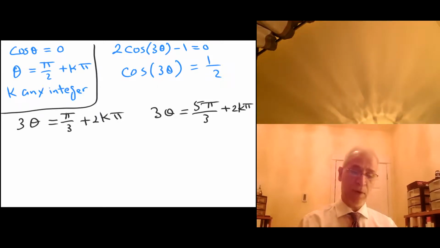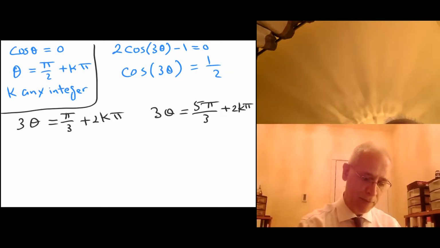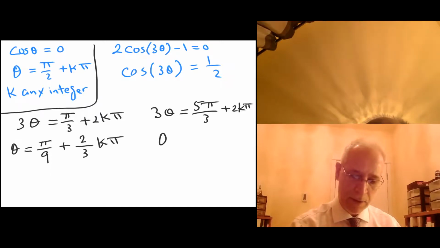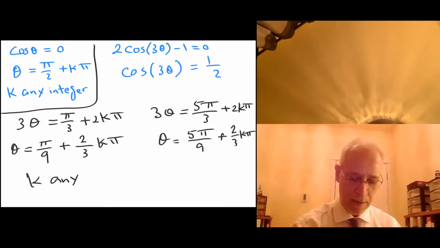Okay, so multiply all sides by 1/3. This gives me theta equals pi over 9 plus 2/3 k pi, and here theta equals 5 pi over 9 plus 2/3 k pi, and of course k any integer.